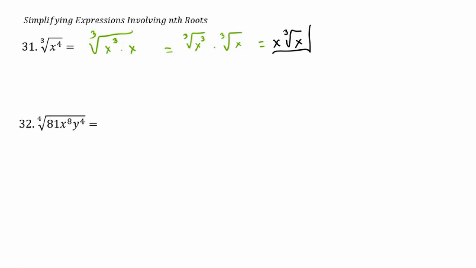What is 3 raised to 4? It means 3 times 3 times 3 times 3, four times, which is 81. Correct? So therefore, we can write this as the fourth root of 3 raised to 4, x raised to 8, and y raised to 4. All right? So we take the roots now.